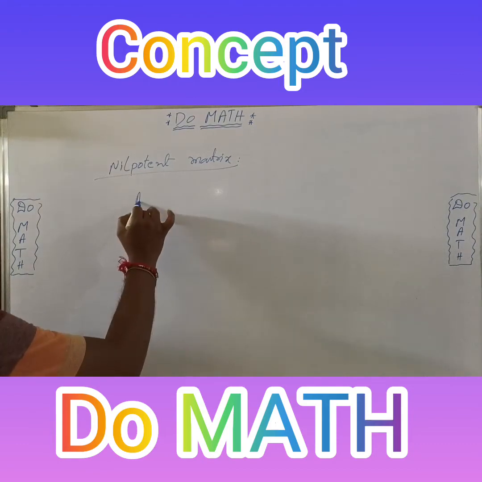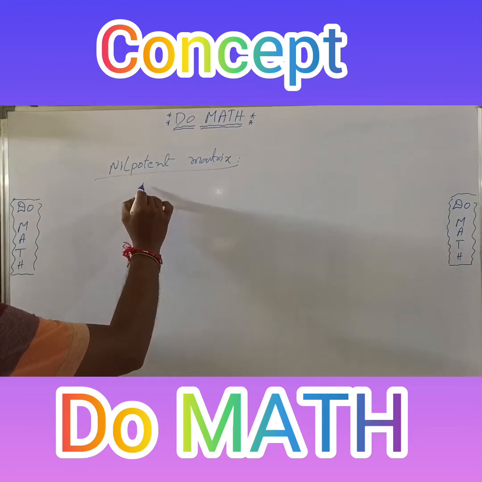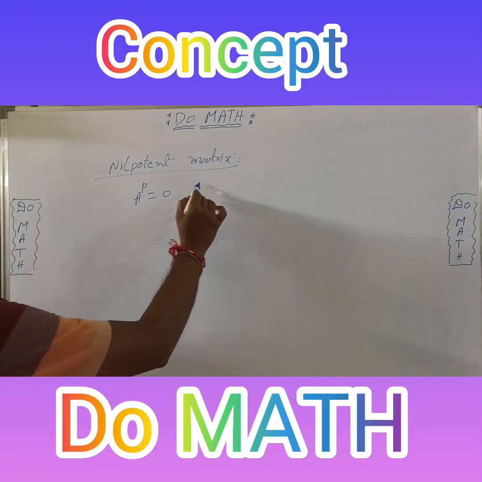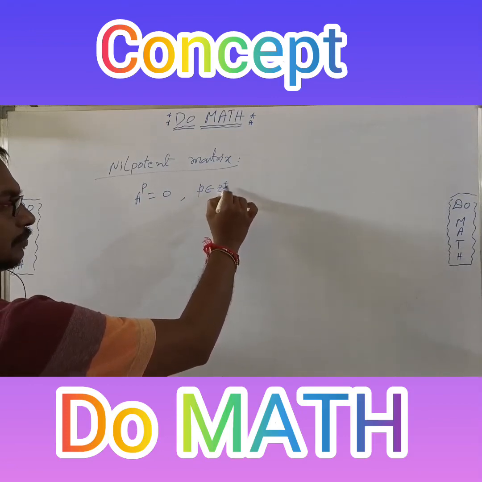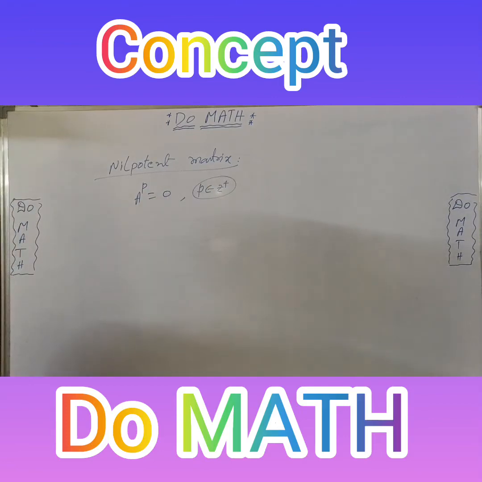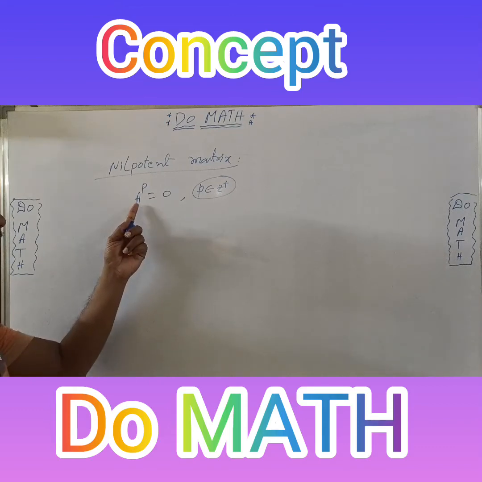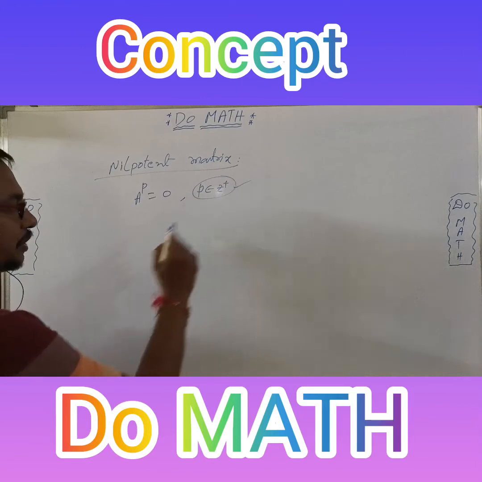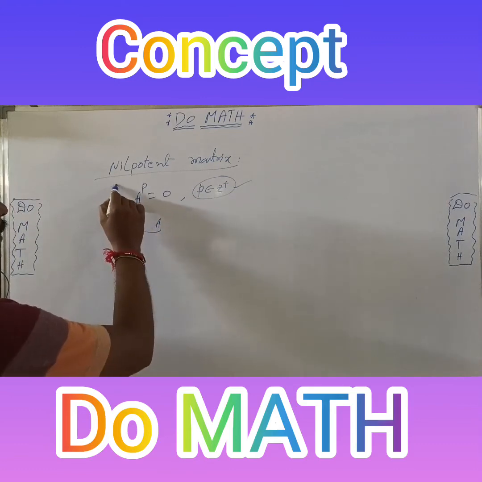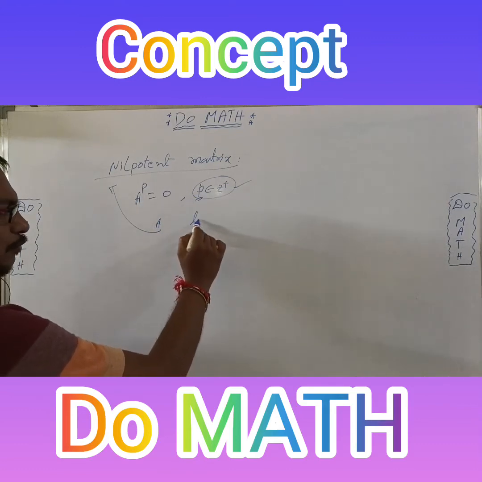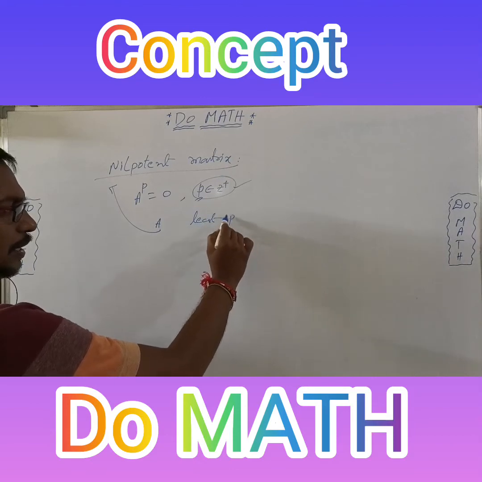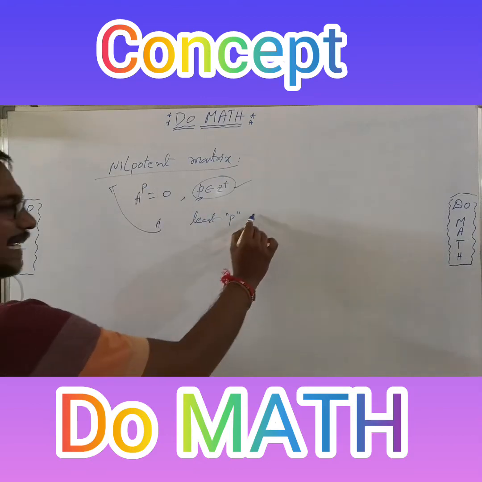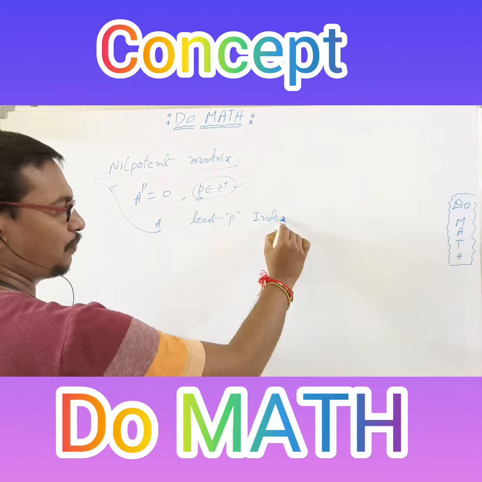A nilpotent matrix means A power P equals 0 for some positive integer. If A is a square matrix and A power P equals the null matrix for some positive integer, then A is called nilpotent. The least value of P is called the index of the nilpotent matrix.